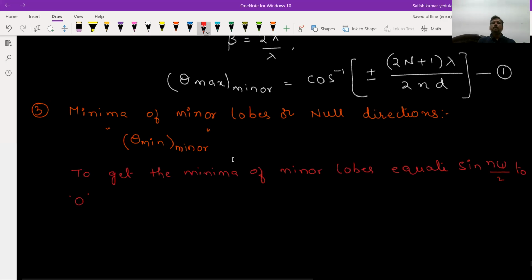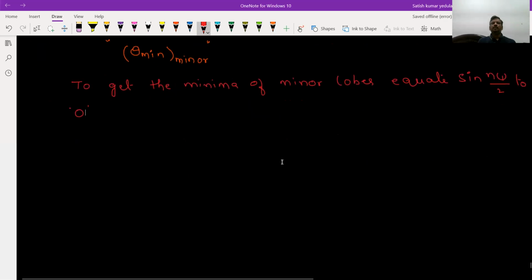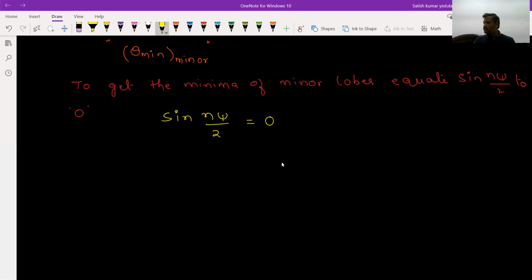So equate that normalized component or numerator of the array factor, which we know is sine n psi by 2, to 0. This is the expression.